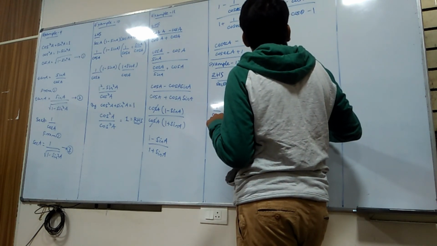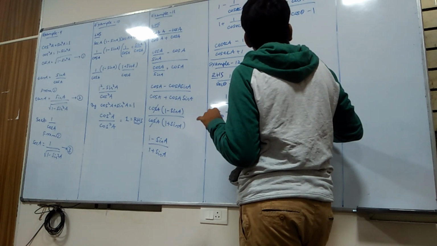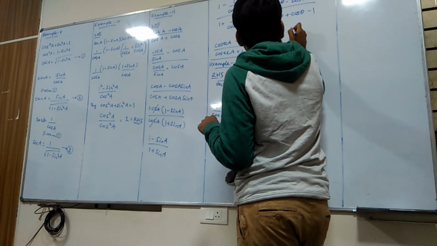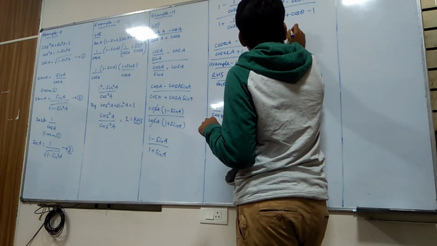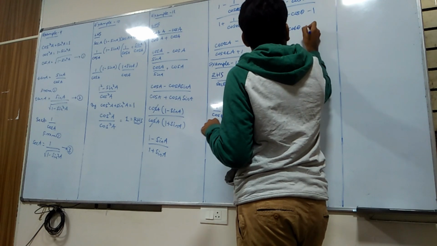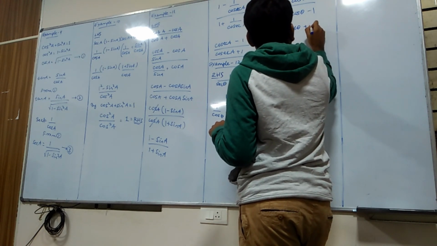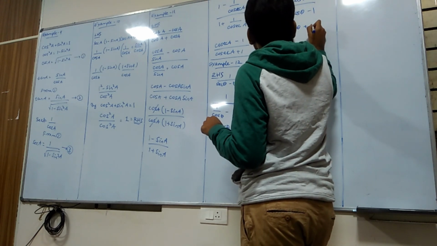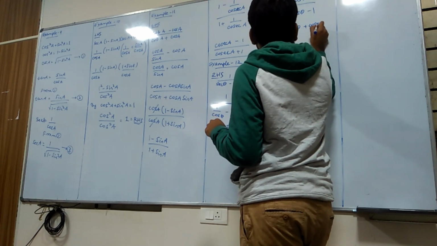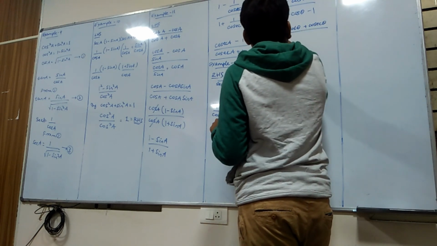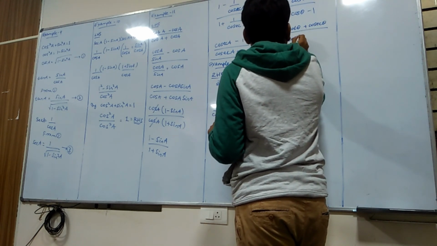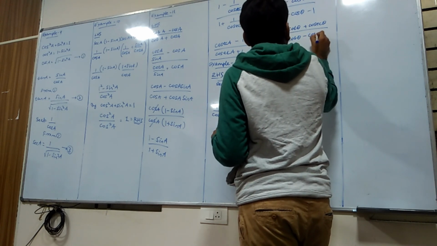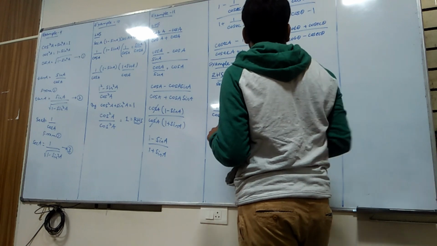Simplify, does it? Divide by sine, means 1 minus cot theta plus cot theta plus 1 by sine is cosecant, divided by 1 plus cot theta minus cosecant theta.